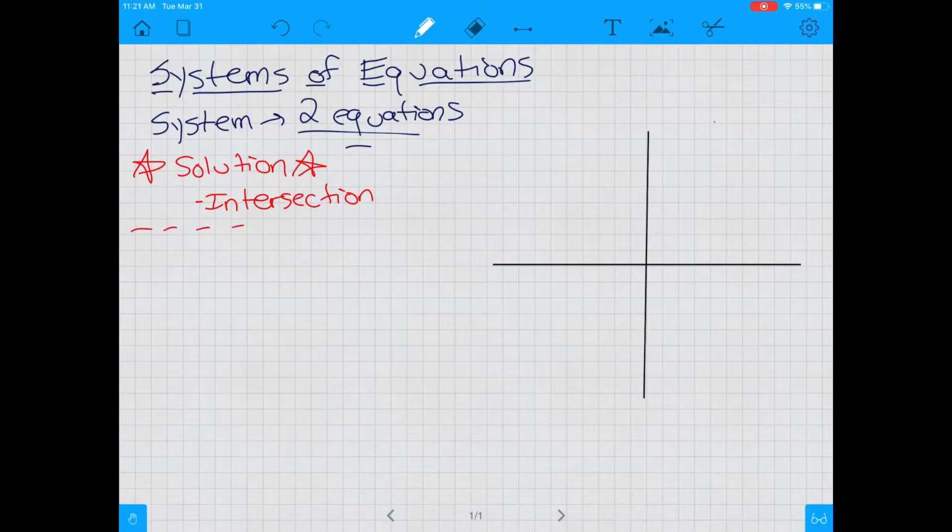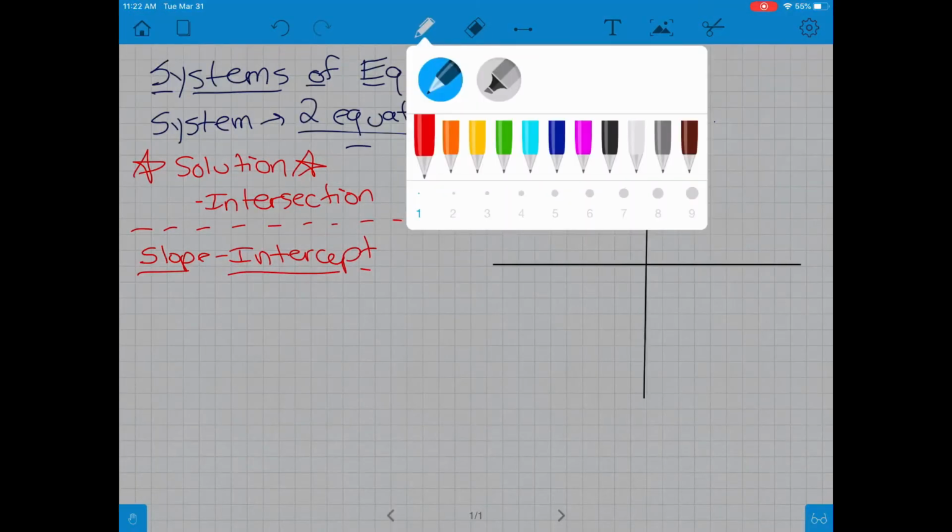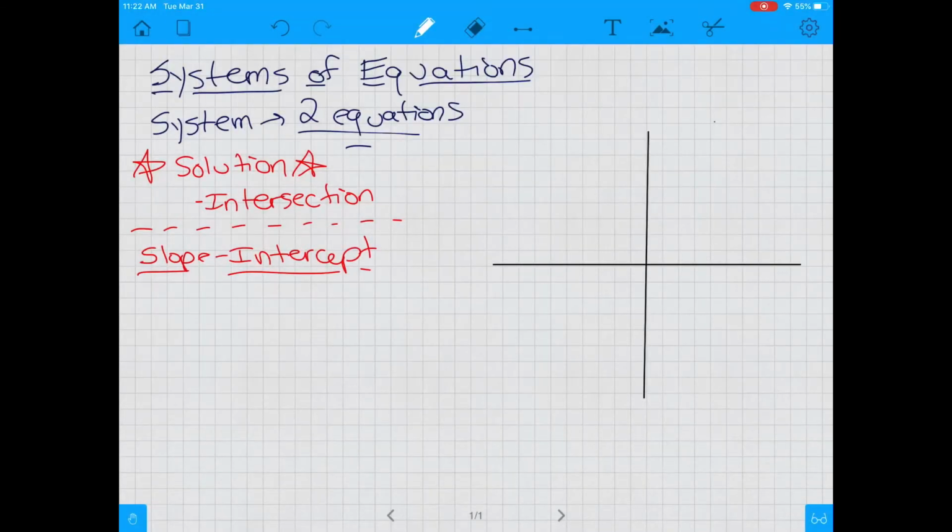First, we're going to talk about what to do if my lines are in slope-intercept form. If you remember, slope-intercept is y equals mx plus b. Let's say, for example, I have y equals 2x minus 2, and then y equals 4x minus 6.